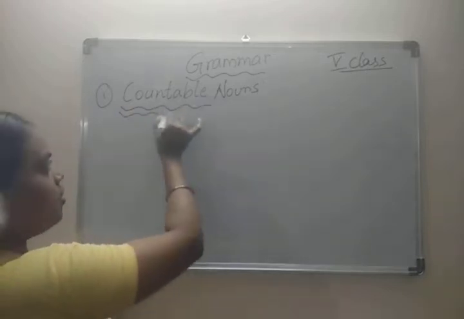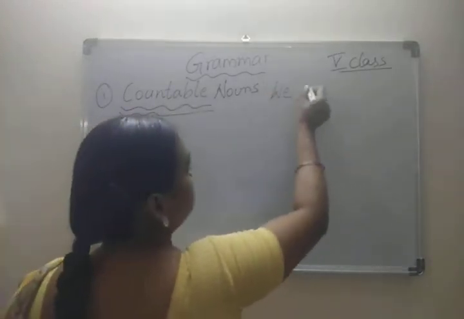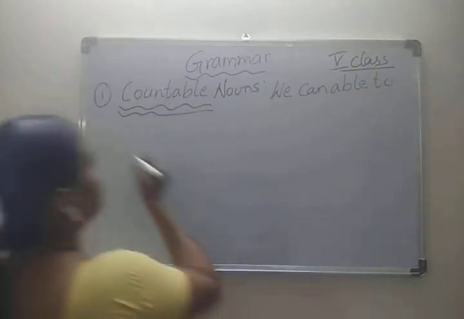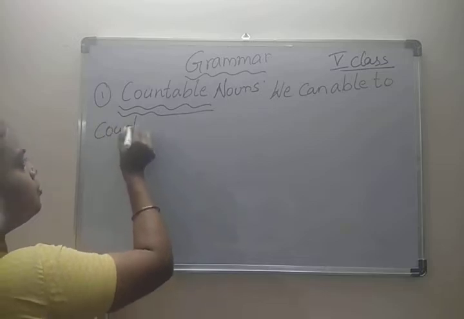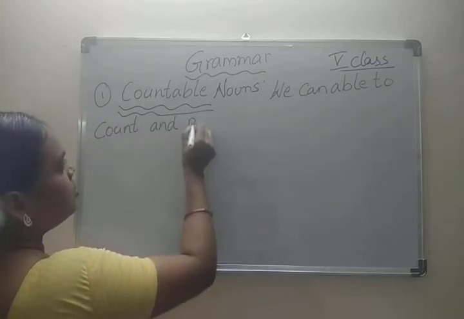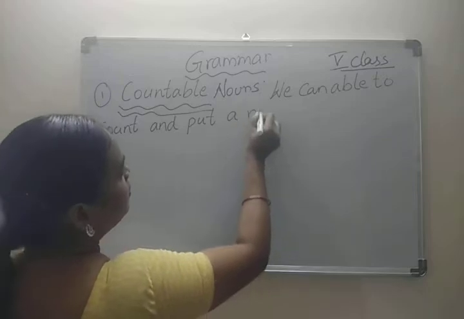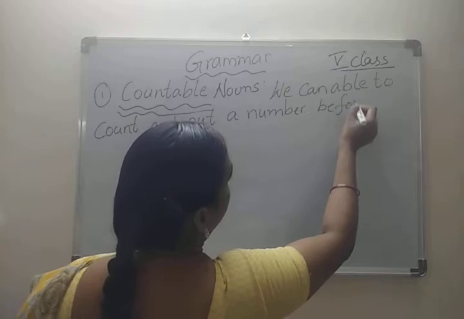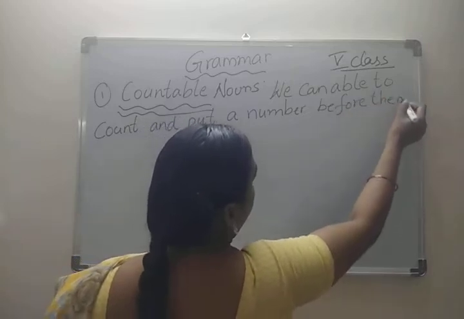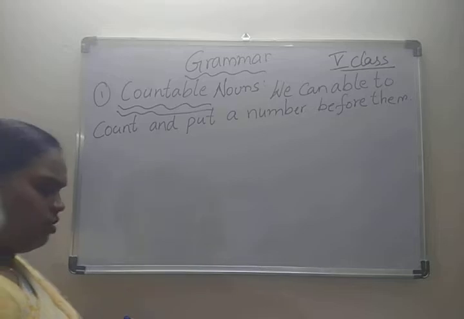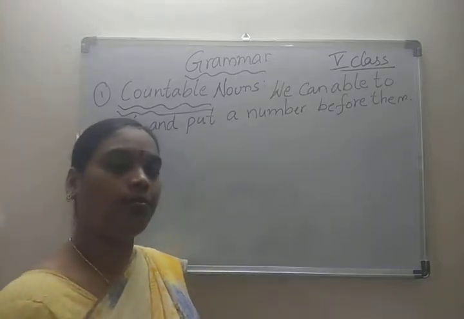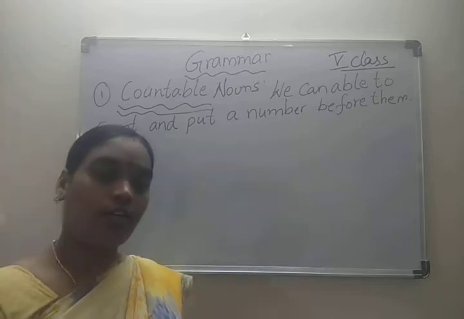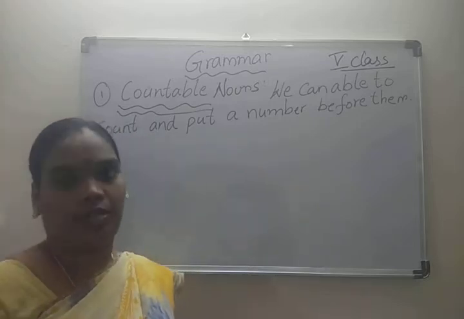Countable means we are able to count and put a number before them. So what is meant by countable nouns? Countable nouns are those we are able to count, and we can give some numbers before them.